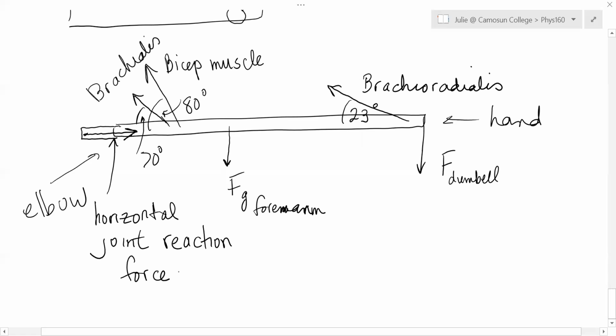But also, when we start doing these analyses, we'll see that these bicep muscle forces are huge, much bigger than the weight of your forearm or the weight of this dumbbell. So what has to happen is your upper arm has to exert a downward force here to counteract all these upward muscle forces. This one is called the vertical joint reaction force.